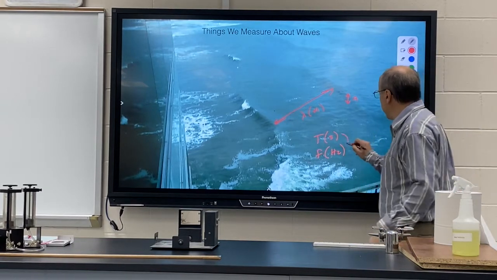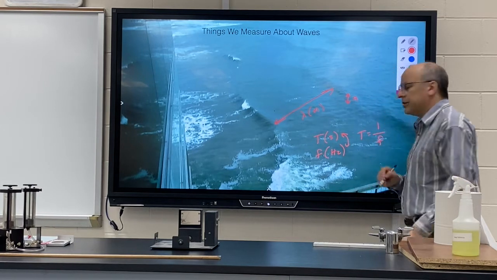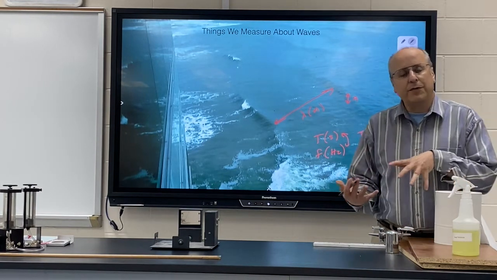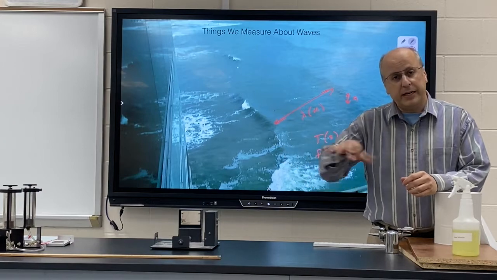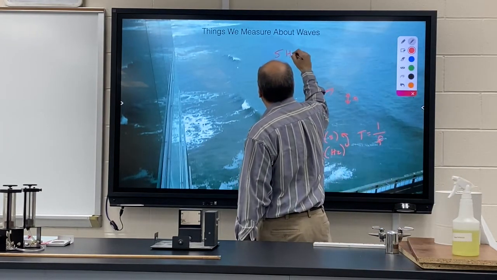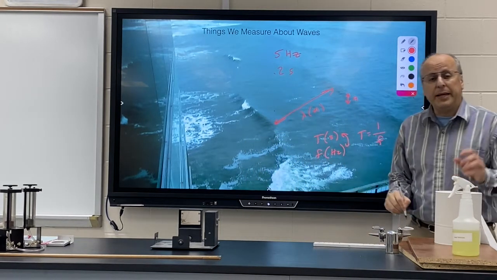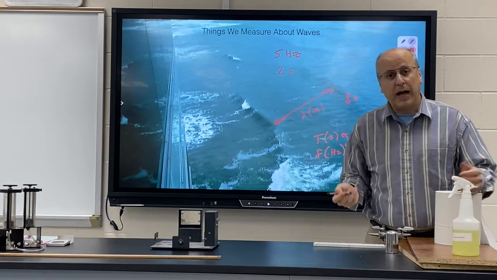Remember that these two are linked together because they are reciprocals of each other. If you know the frequency, you invert it and you get the period. So if you had 5 waves per second, the period would be 1/5, or 0.2.